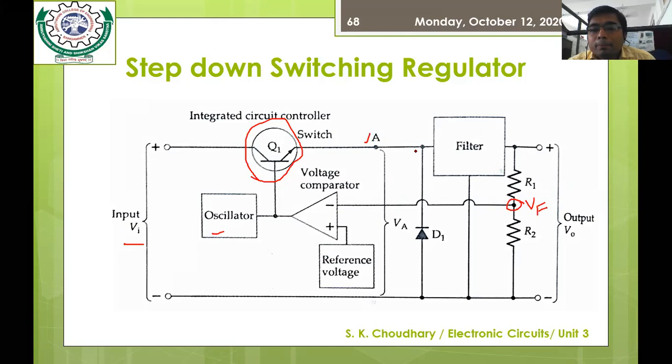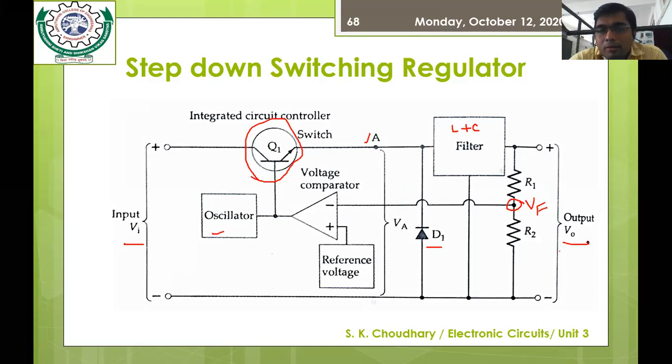Then the switch output is connected to a catch diode. You can say this diode is considered as a catch diode or flyback diode. This is parallel to the output network. Then there is a filter circuit that consists of L and C, an inductor and capacitor. At the output of this filter, across R1 and R2, we get the constant DC output voltage.